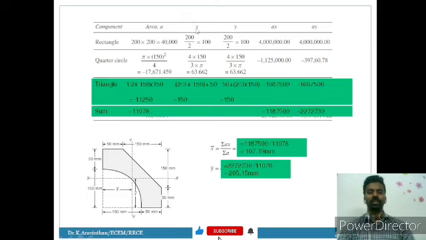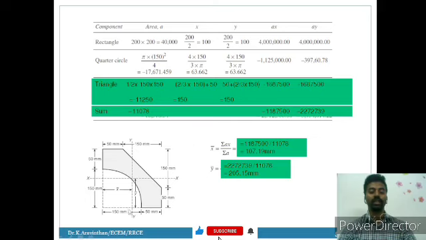And next we shall find the x coordinate from the origin, first of the square. For a square, the centroid will be exactly at half of the dimension. What is the base dimension here? The base dimension is 200 mm, so it will act exactly at 100 mm. So that is 200 by 2.